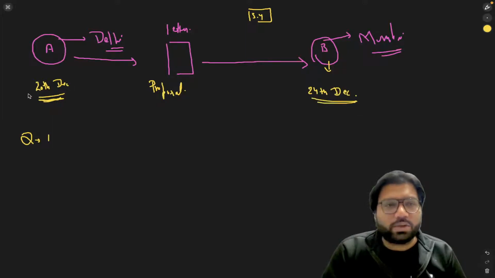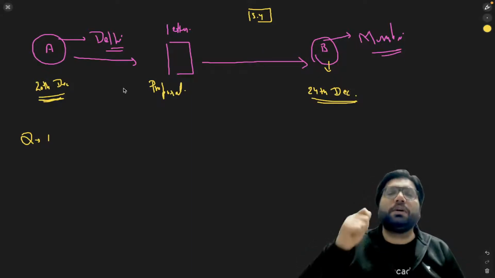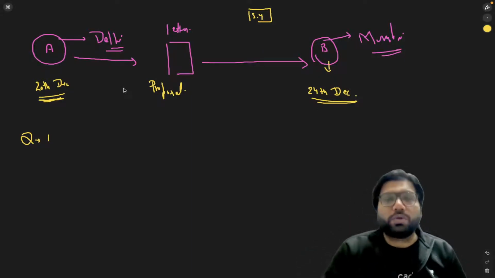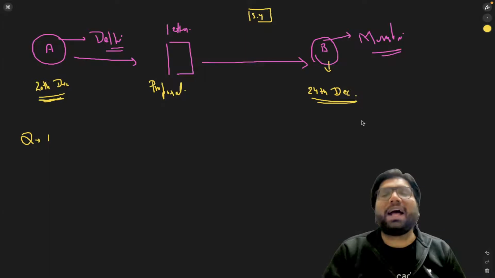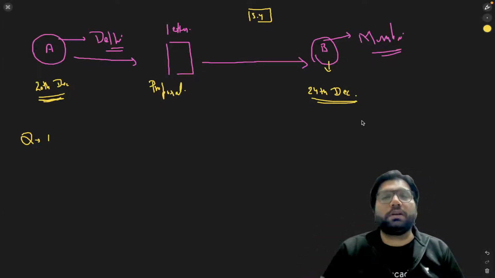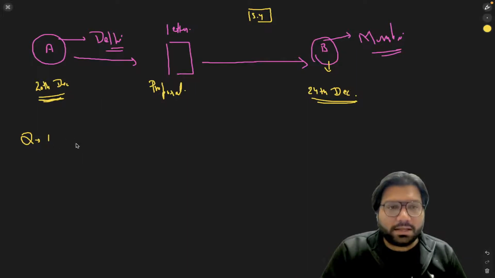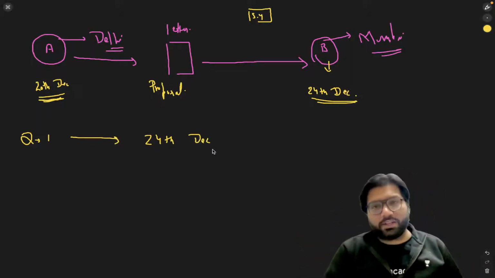Anyone who would like to answer in the comments? When will the communication of proposal be complete? The answer is, whenever Mr. B receives that letter, that is going to be the date, as per section number 4, when the communication of proposal will be completed. So the answer is 24th December.